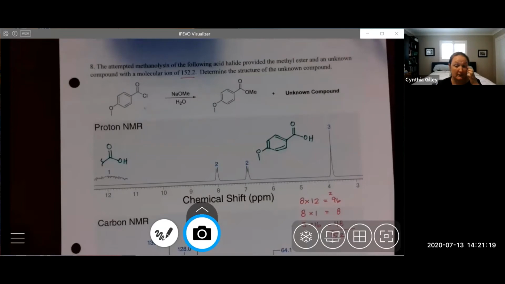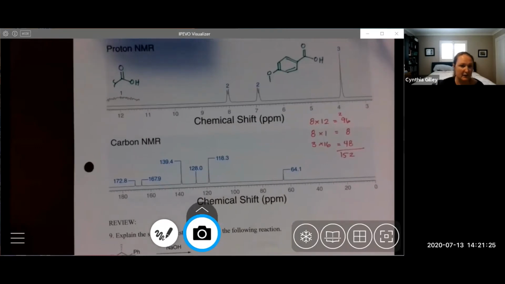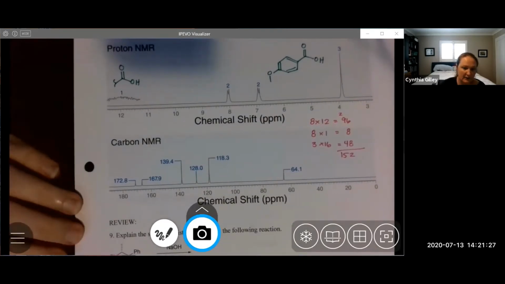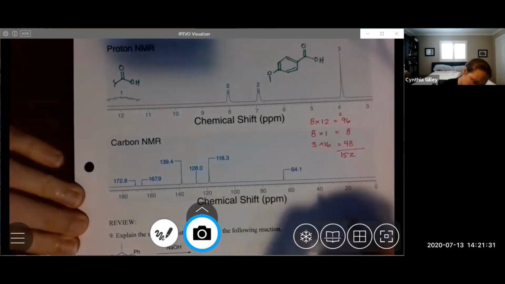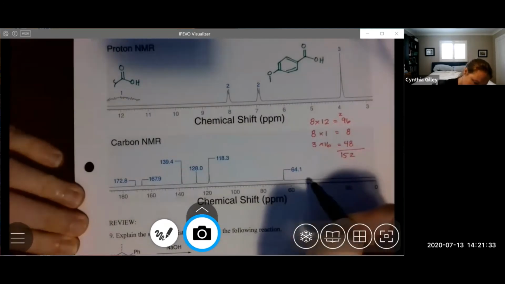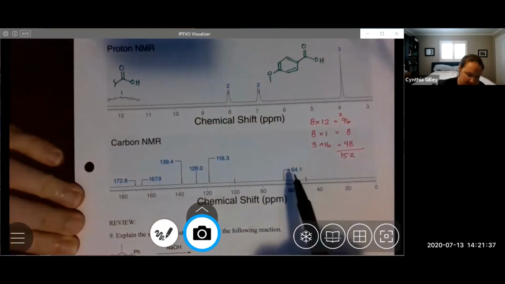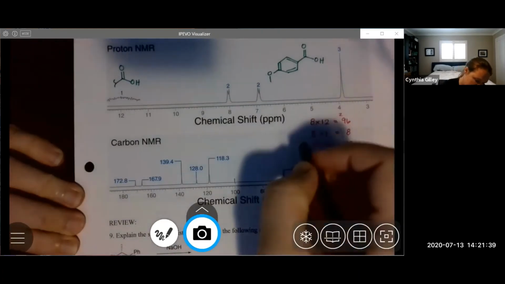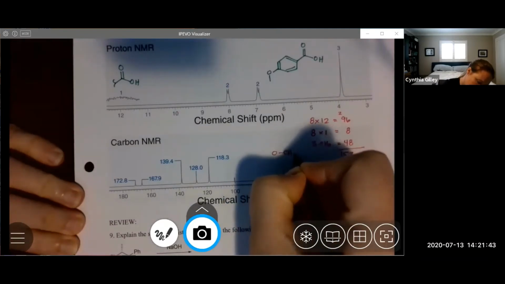Okay, and then just looking at if it matches the carbon NMR given. So we would have the 60 to 100 range. This is likely the sp3 hybridized carbon attached to the oxygen.